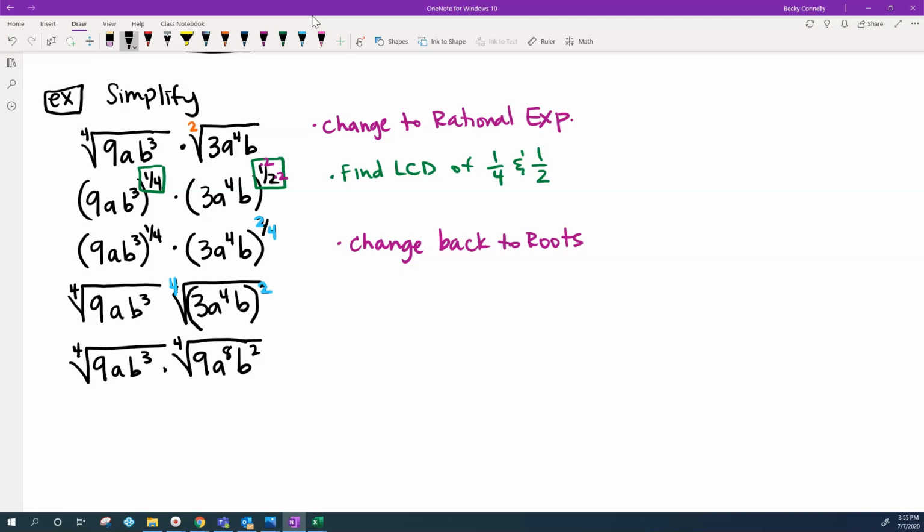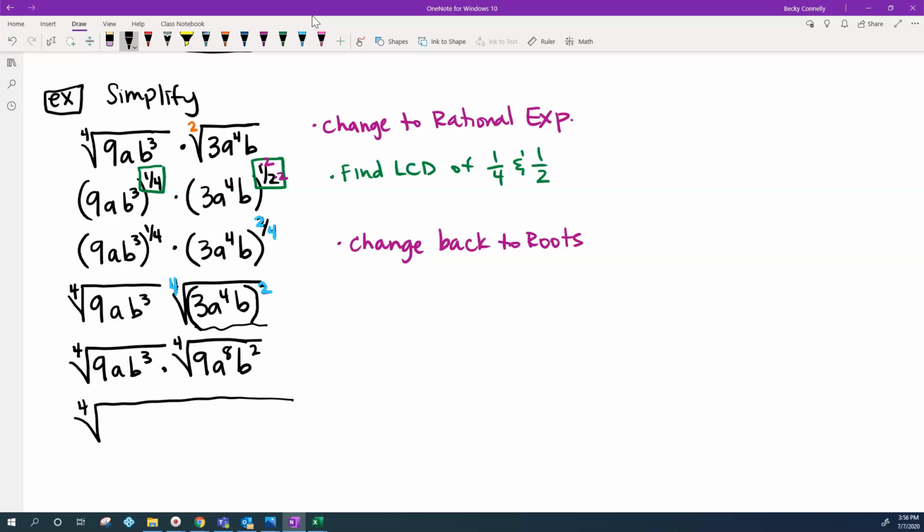And so now I can multiply these guys together, right? But again, remember, I don't really like to multiply them together and then have to break them down apart. Once I get these to be the same root, and I've simplified inside like I did up here, then I'm just going to put this all underneath one big fourth root.